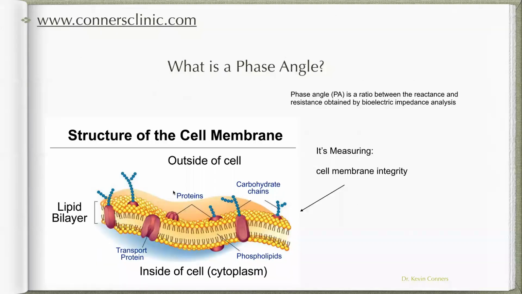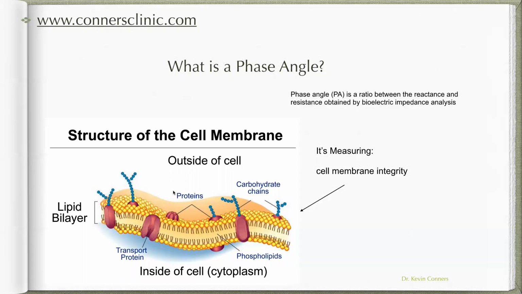So what is a phase angle? A phase angle is a ratio between what's called the reactance and the resistance when you test a person with a bioimpedance analysis test. A bioimpedance analysis is a specific instrument where you hook up little electrodes to the hand and little electrodes to the feet on the same side.